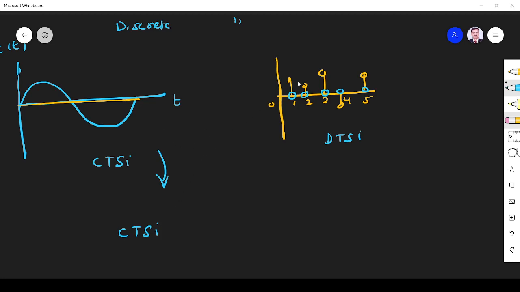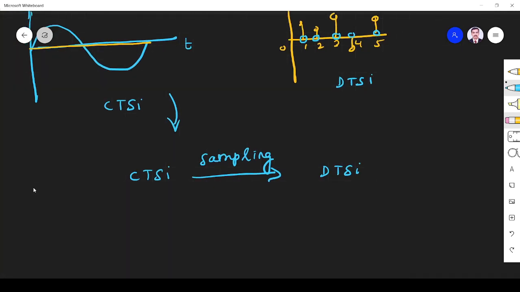This is a man-made signal. When you want to convert a continuous time signal into a discrete time signal, what you have to do is sampling. Sampling converts a continuous time signal into a discrete time signal.